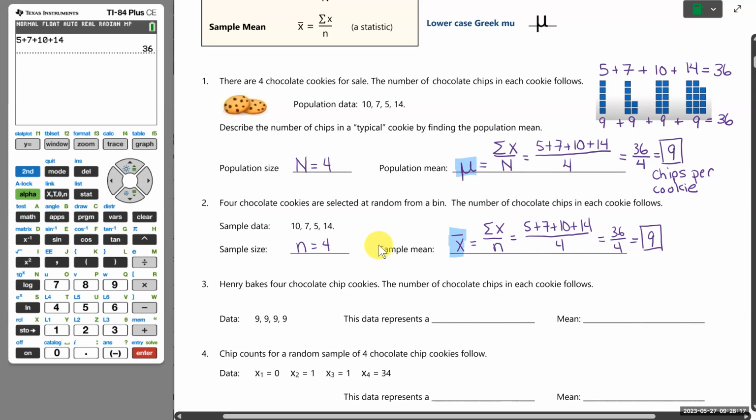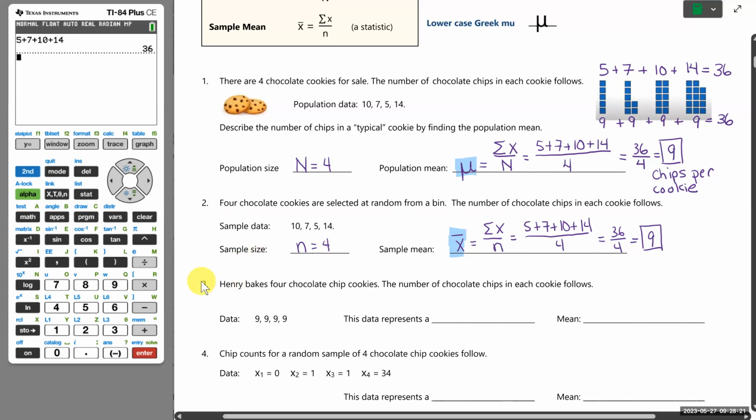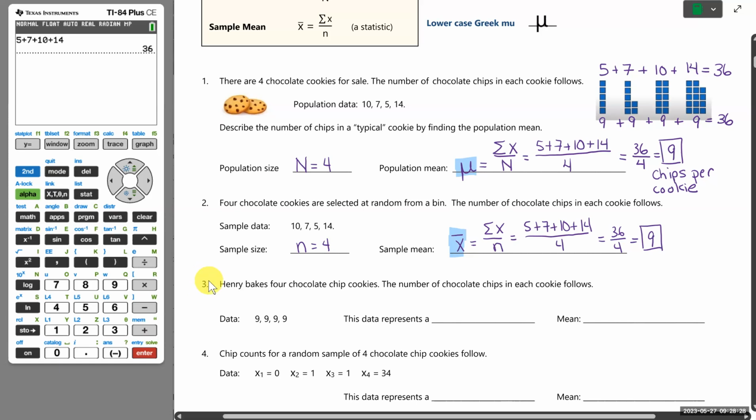Okay. So now number 3, now it says Henry bakes 4 chocolate chip cookies and the number of chocolate chips in each cookie follows. So if it does not mention a sample, we're assuming that that's all the cookies that Henry baked. So Henry is a very consistent baker.